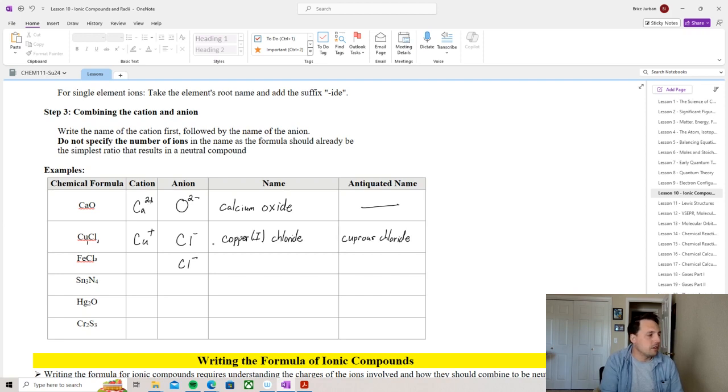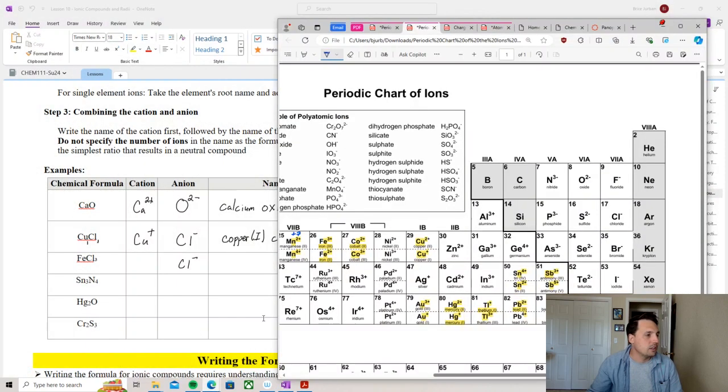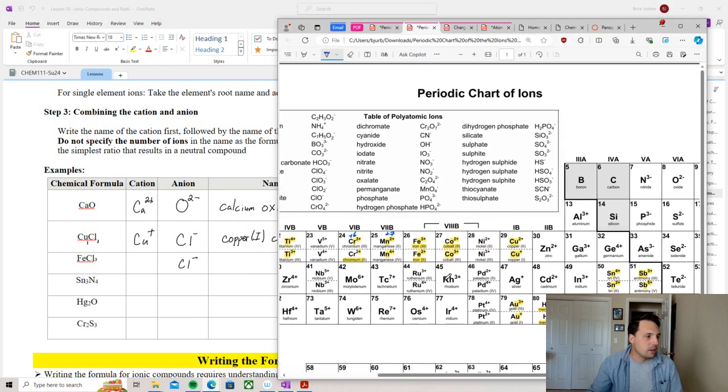Okay, this one should be straightforward to do now. We have iron, which is one of those variable charge ions. We can see that it can be either +2 or +3. Well, if chlorine is a negative charge, we have to have 3 negative charges to cancel out a positive 3 charge.